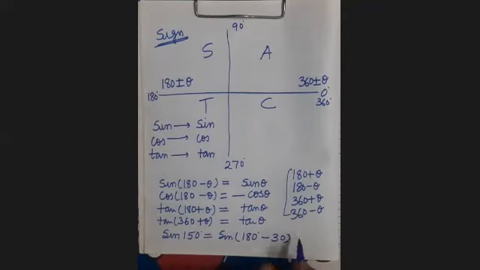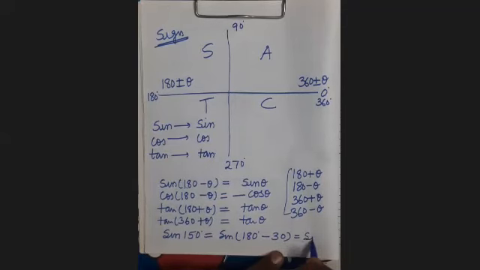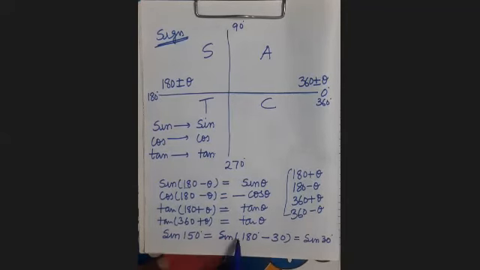What will be the value? 180 minus theta means theta equals to 30. So sine 30. And sine 30 is equal to 1/2.